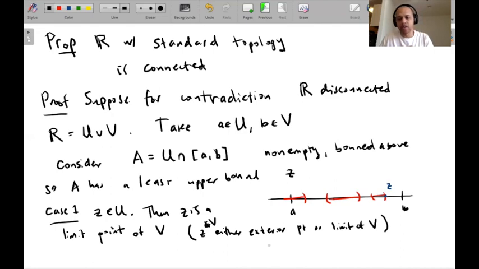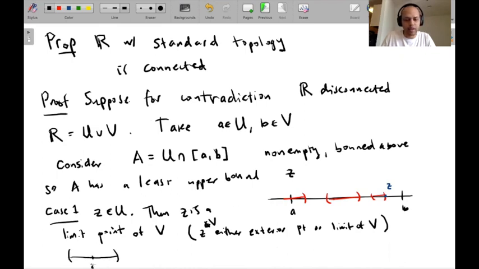But if Z was an exterior point of V, then it would be an interior point of U, which means that there would be points of U. So then the picture would be something like this.